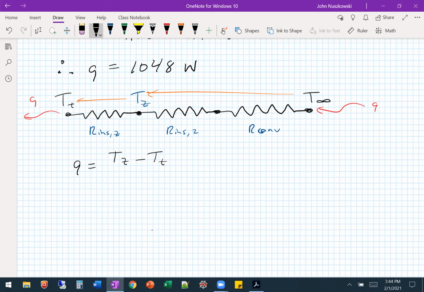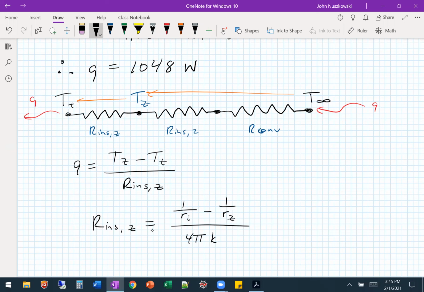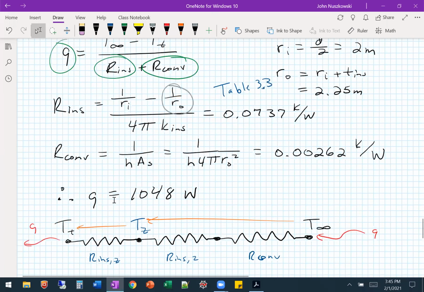If we do it from this side, we just have this R insulation Z that we need an equation for. That's our setup here.